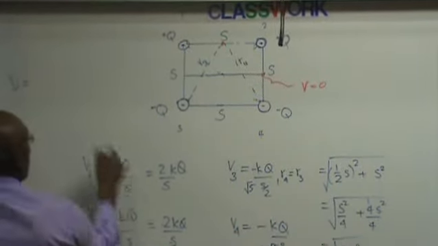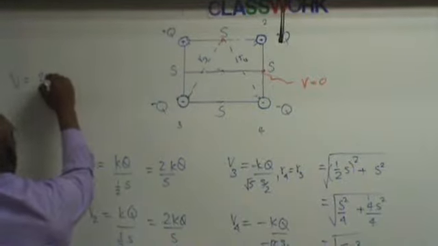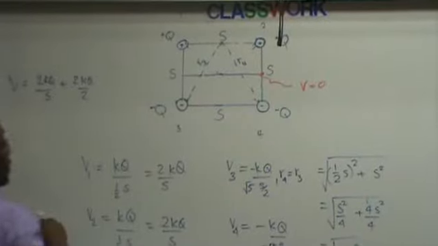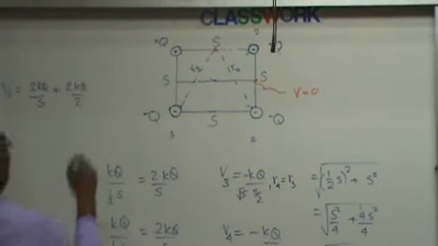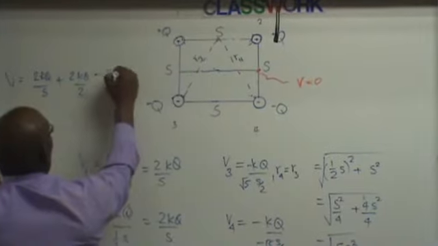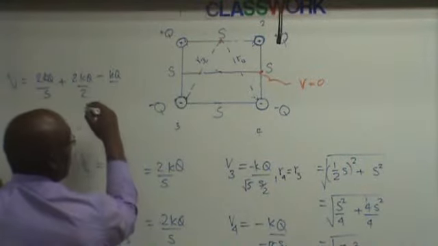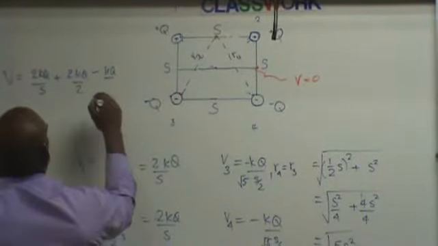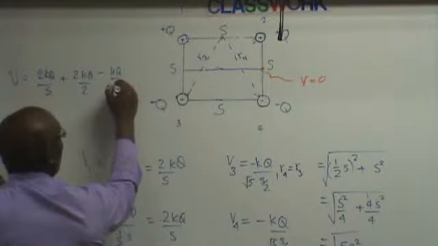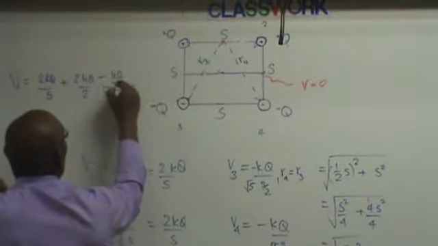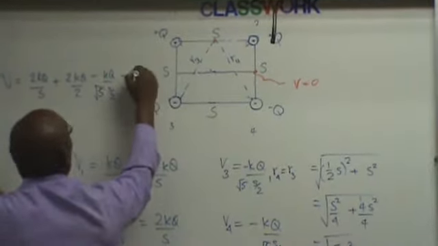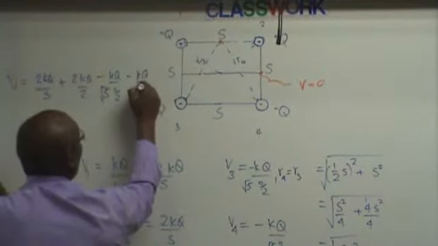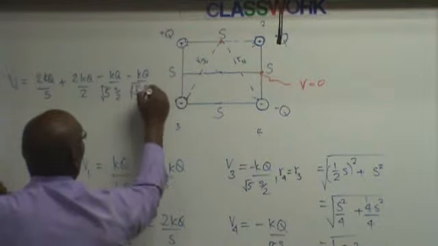So this is going to be 2KQ over S plus 2KQ over S. I have a minus there, minus KQ over square root of 5S over 2, minus KQ over square root of 5S over 2.